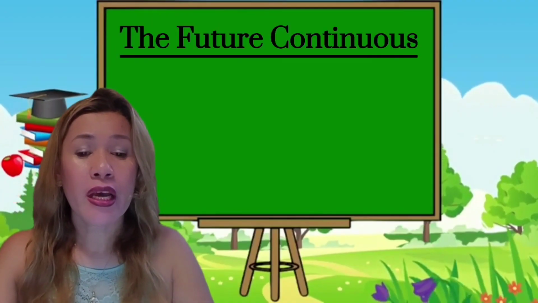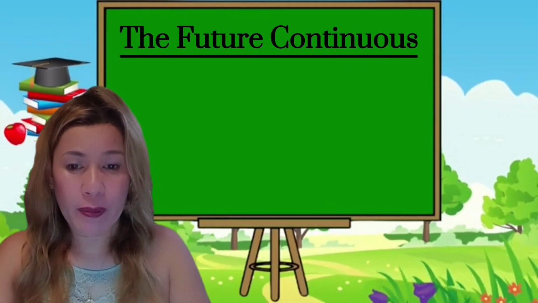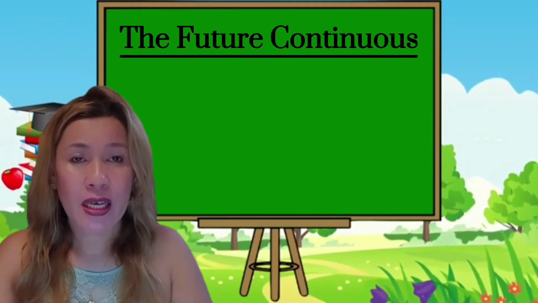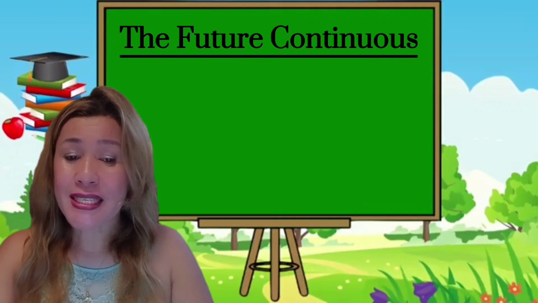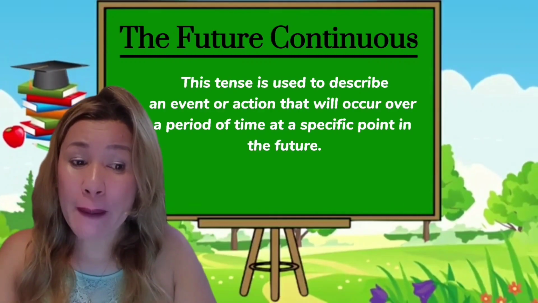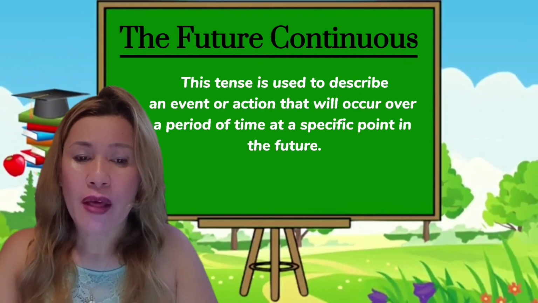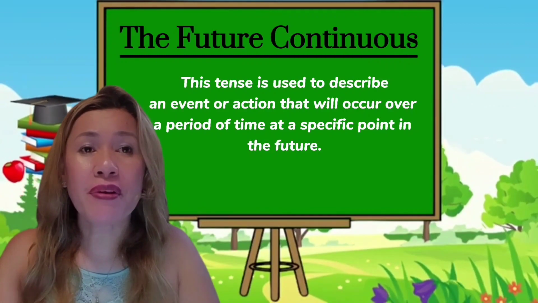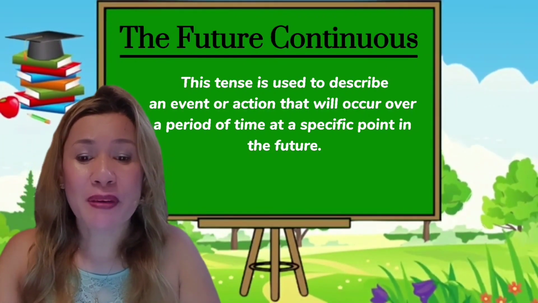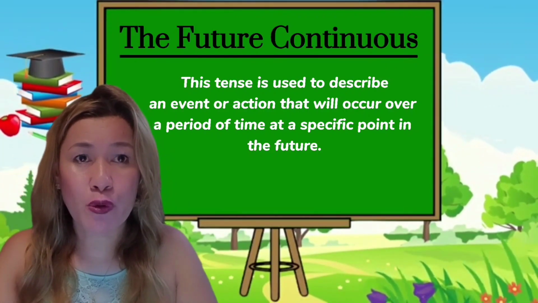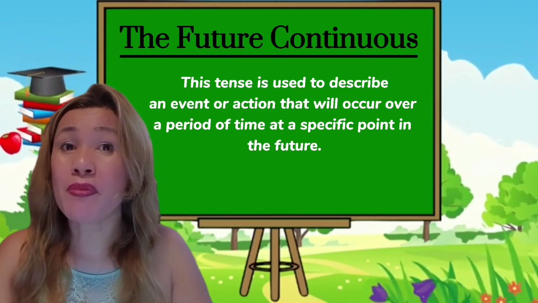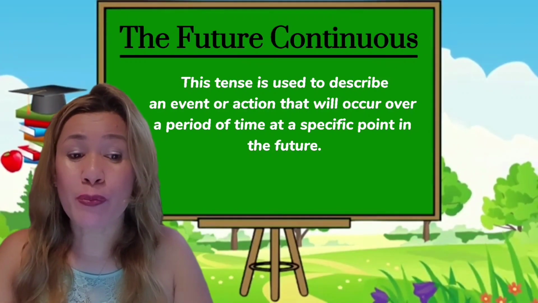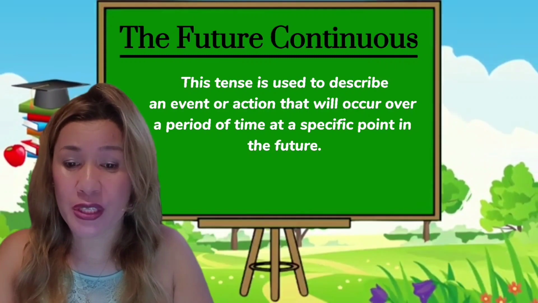Now we will tackle the future continuous or the future progressive form or the future progressive tense. When do we use this tense? This tense is used to describe an event or action that will occur over a period of time at a specific point in the future. So how do we form this tense, the future progressive or future continuous tense?